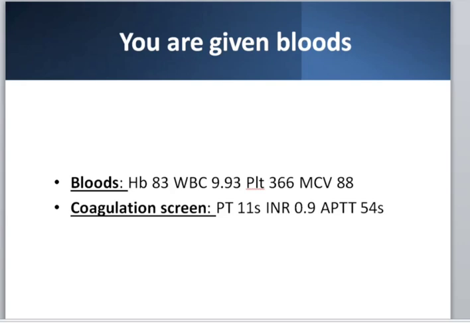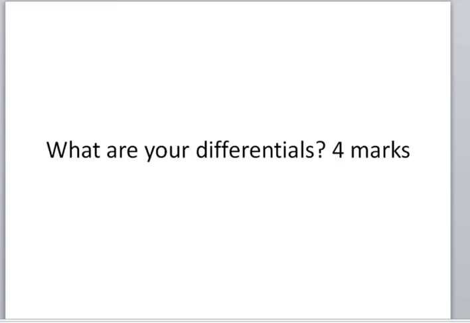So it is quite obvious that this patient's APTT is prolonged. Now you have to think about what the causes of prolonged APTT are. So that would be the next question in the paper, either part 1 or part 2, or in the viva. What are your differentials for this case now?